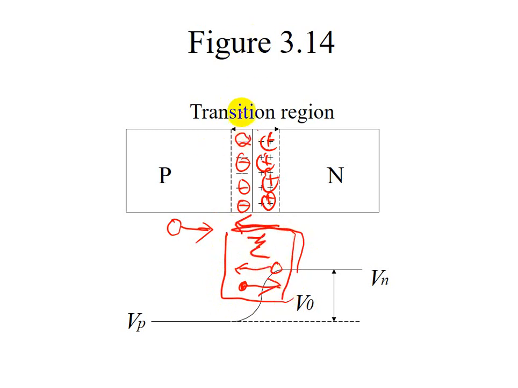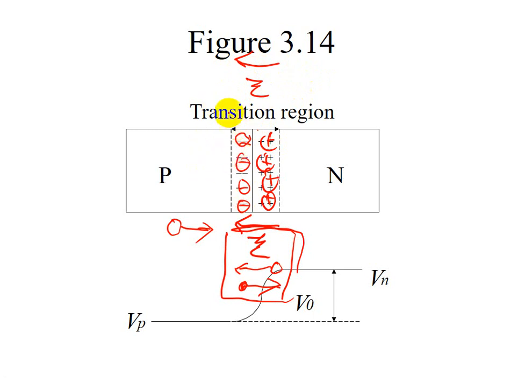When the charged particles form in the vicinity of the interface, the junction, an electrical field forms with a direction from right to the left.